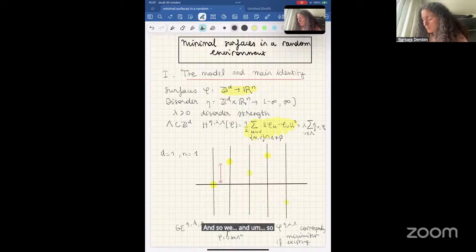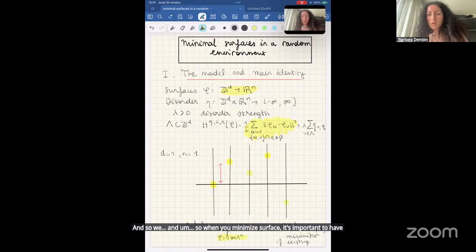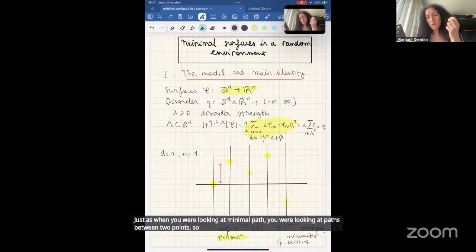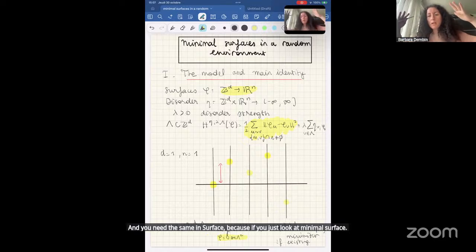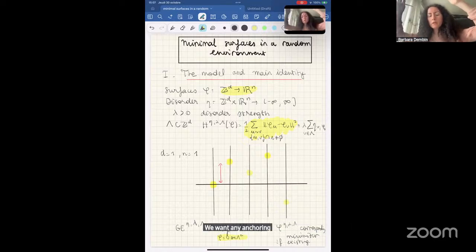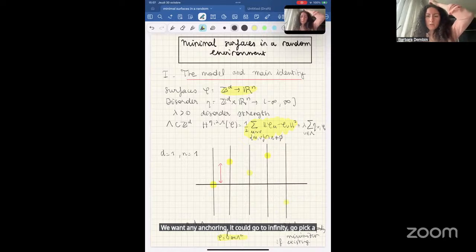When you minimize a surface, it's important to have an anchoring, just as when you were looking at minimal paths, you were looking at paths between two points. You need the same for surfaces, because if you just look at a minimal surface without any anchoring, it could go to infinity, to pick a very pathological noise.